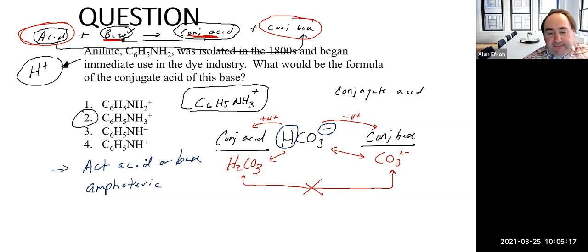So an amphoteric substance is a substance that can act as an acid or a base in certain situations. We'll talk later about how you could determine which way it would react. There are some things you could look at to help you make that decision. But there are definitely things that can pretty much act as either an acid or a base. Any questions on that or on acid conjugate base pairs?